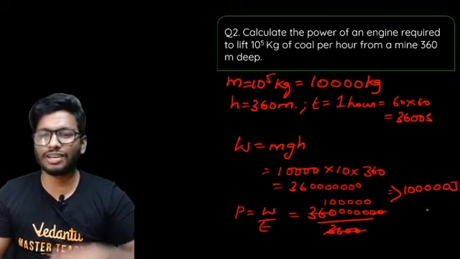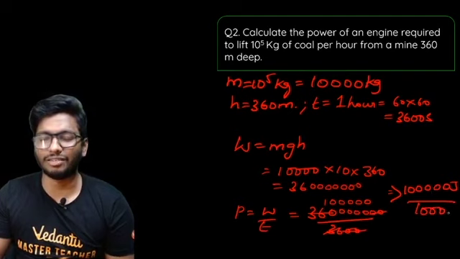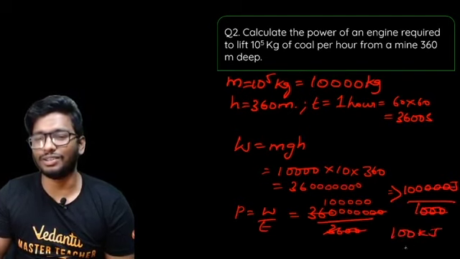So convert that to kilo by dividing by 1000. The 3 zeros get cancelled. So you'll get it as 100 kilojoules.